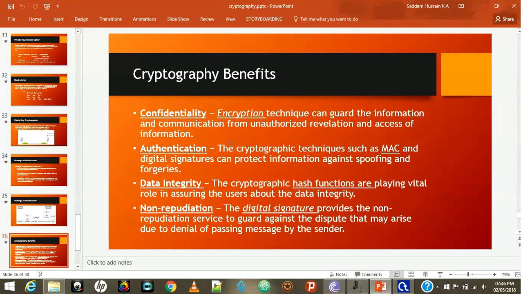Okay, what is confidentiality? In cryptography we use the encryption technique. Encryption can guard the information and communication from unauthorized revelation and access. So confidentiality protects the information from unauthorized persons.